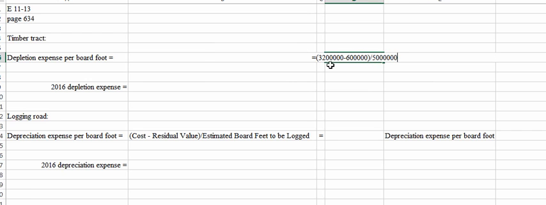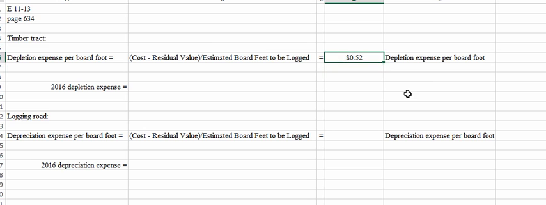So we took the cost minus residual value and divided by board feet to be removed. So that gives us depletion expense per board foot of 52 cents.